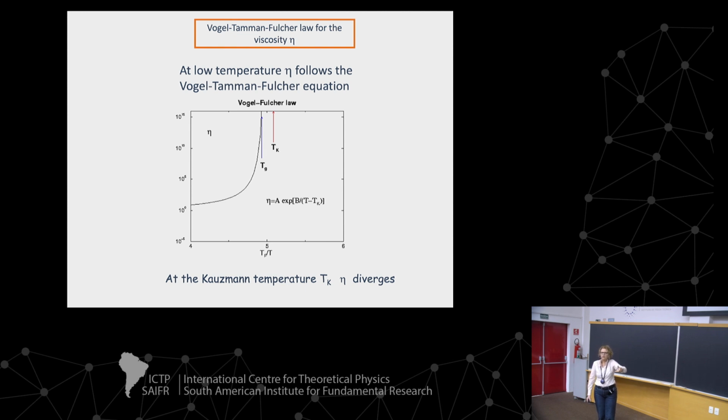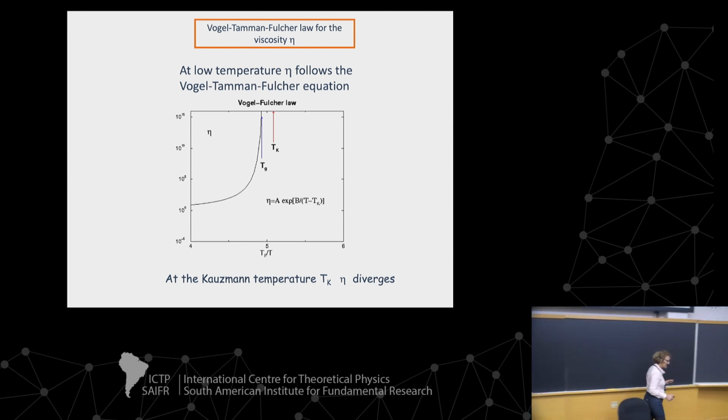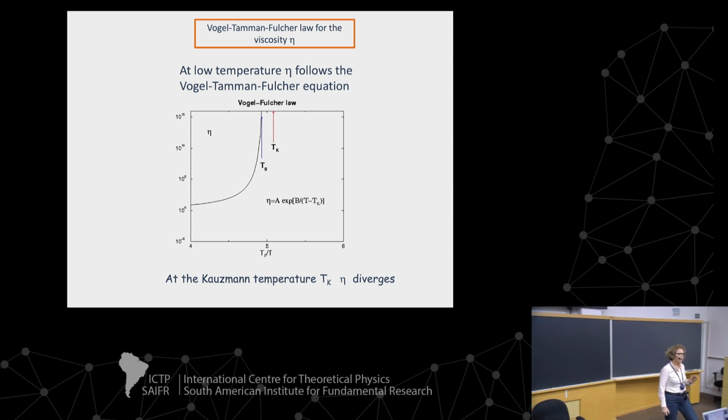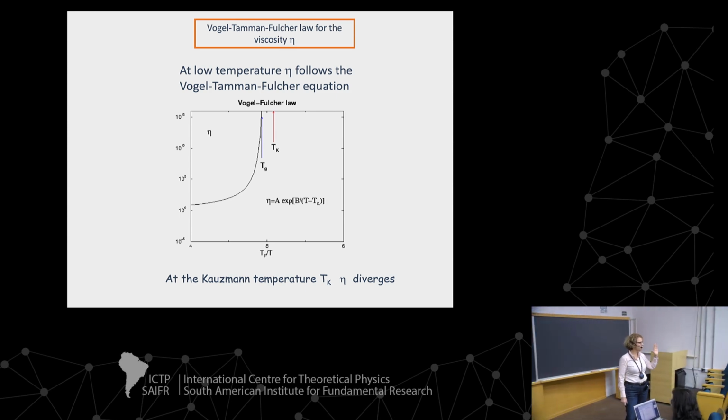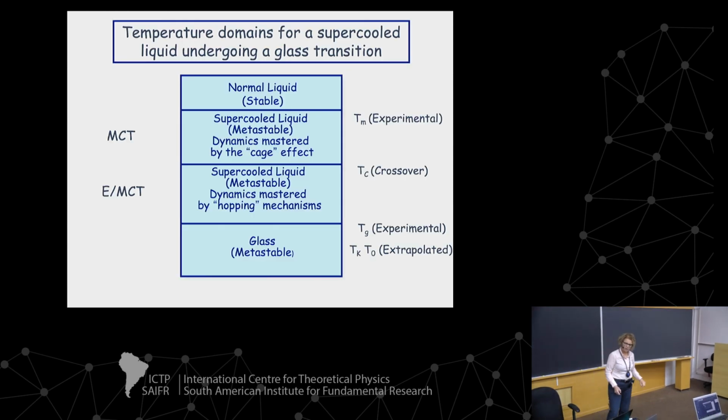But when you calculate the time, it is above the life of the universe, so what do we care? The Earth will be destroyed long before. So ideally that glass is not below the Kauzmann temperature, okay? This is just so that when you read about the phenomenology of glasses, you know what we're talking about.